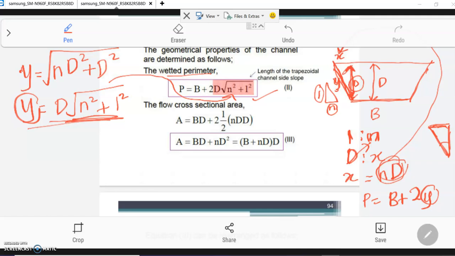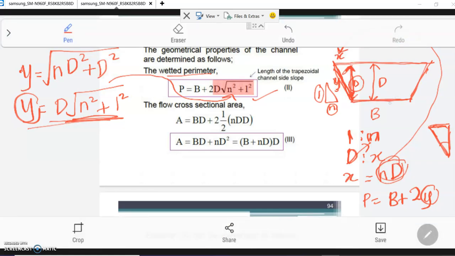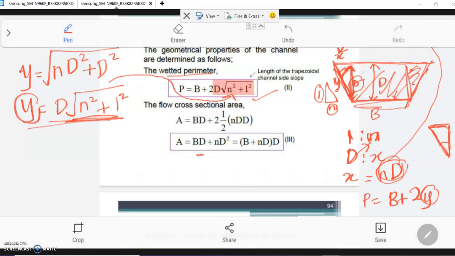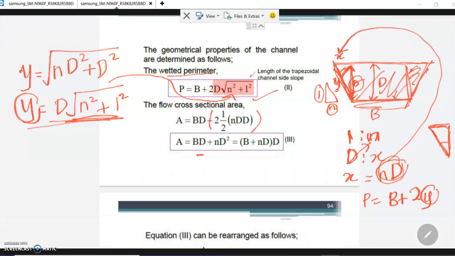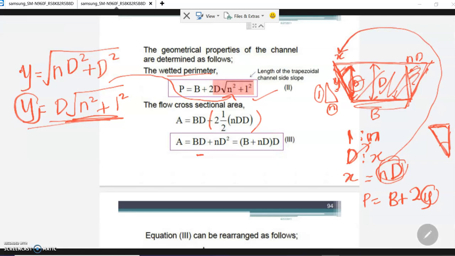How do you need to determine the area? So area is for trapezoidal. So formula trapezoidal is, okay, we will actually get 2 sections. Section for the triangle and rectangular. So we know B times D gives this rectangle section. Okay, so we have N times D because this was X earlier.